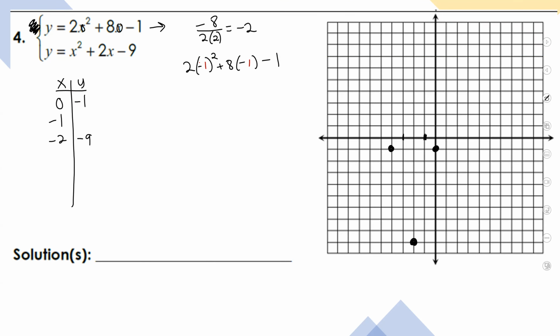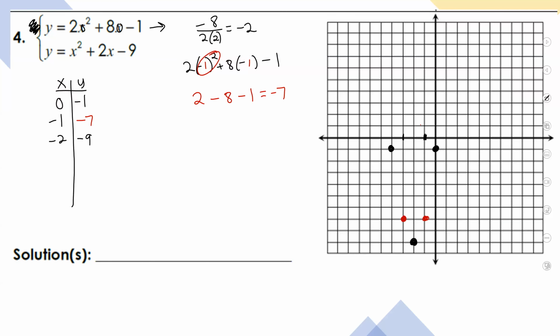So this will be negative 1 squared is 1. So this will become 2 minus 8 minus 1. So we get negative 7. So that would be right here.